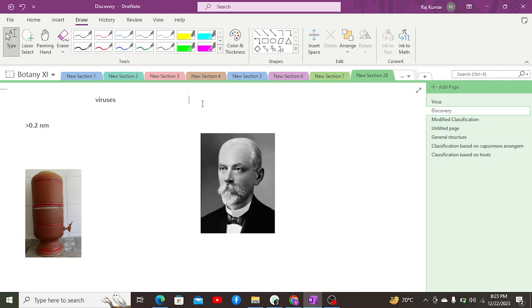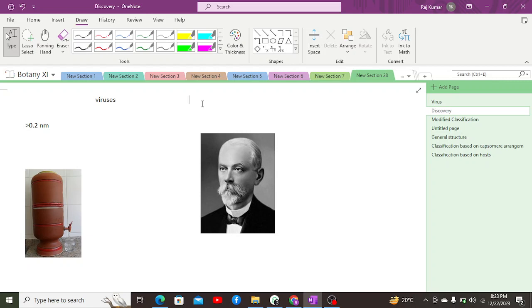He already knew, because at that time it was quite common that viruses were not known, and people thought that tobacco mosaic disease was caused by a bacteria. So when he passed it through, all of the bacteria were filtered out.